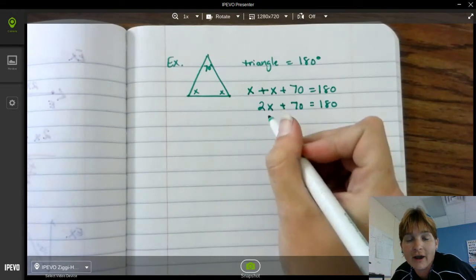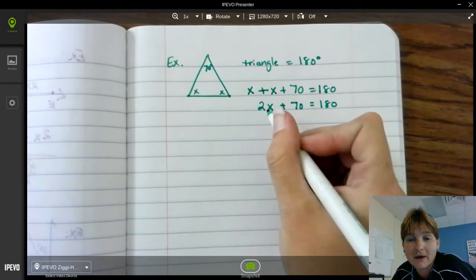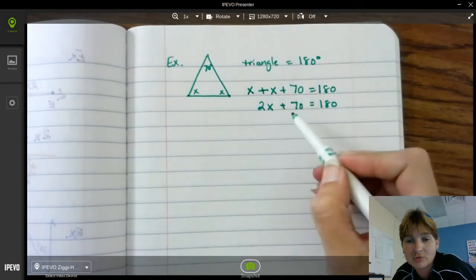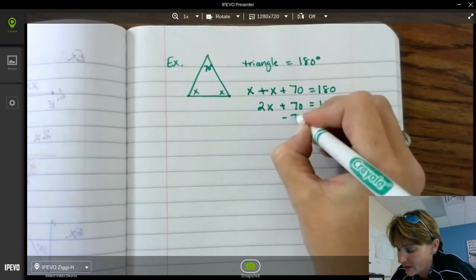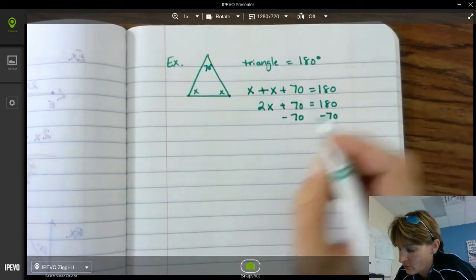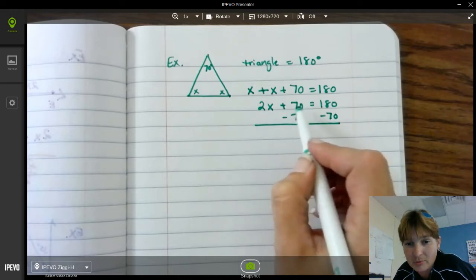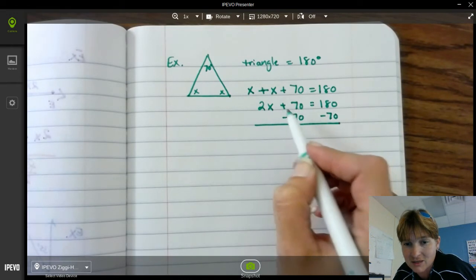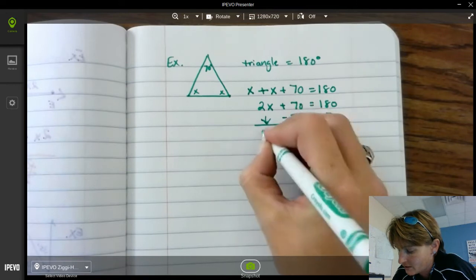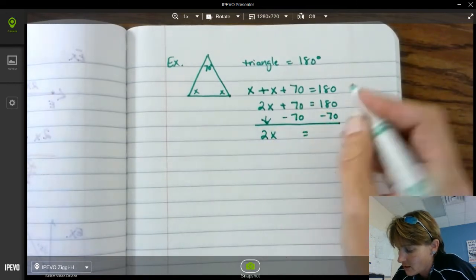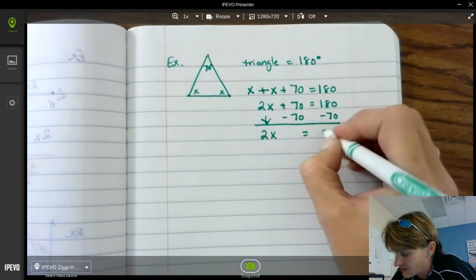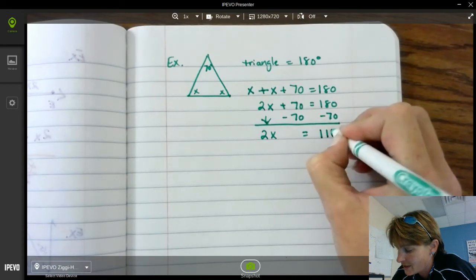And now I can solve for x. I'm trying to get x by itself. So we want to subtract 70 from both sides of the equation to balance it. Zero pair, 70 positives and 70 negatives means 0. I haven't done anything with the 2x yet. 180 minus 70 is 110.